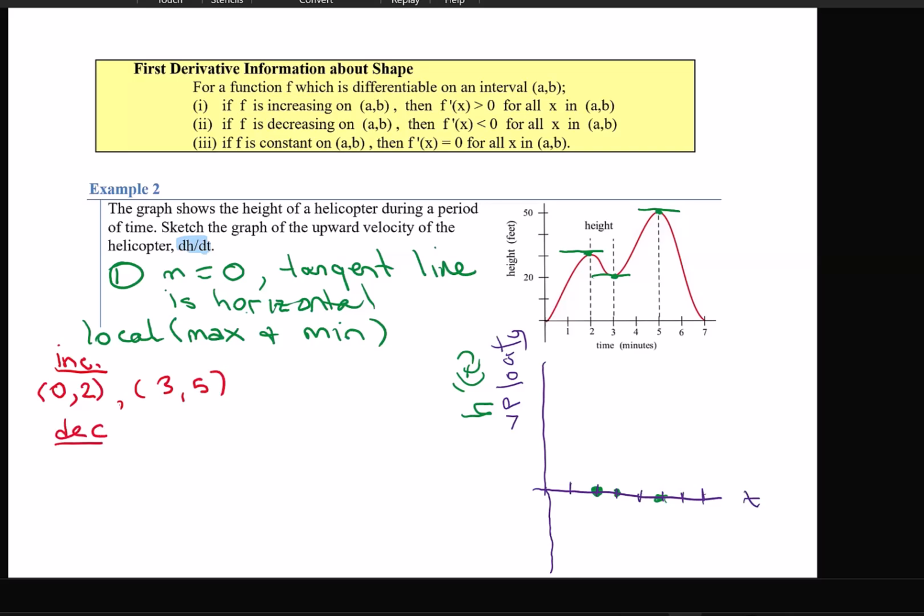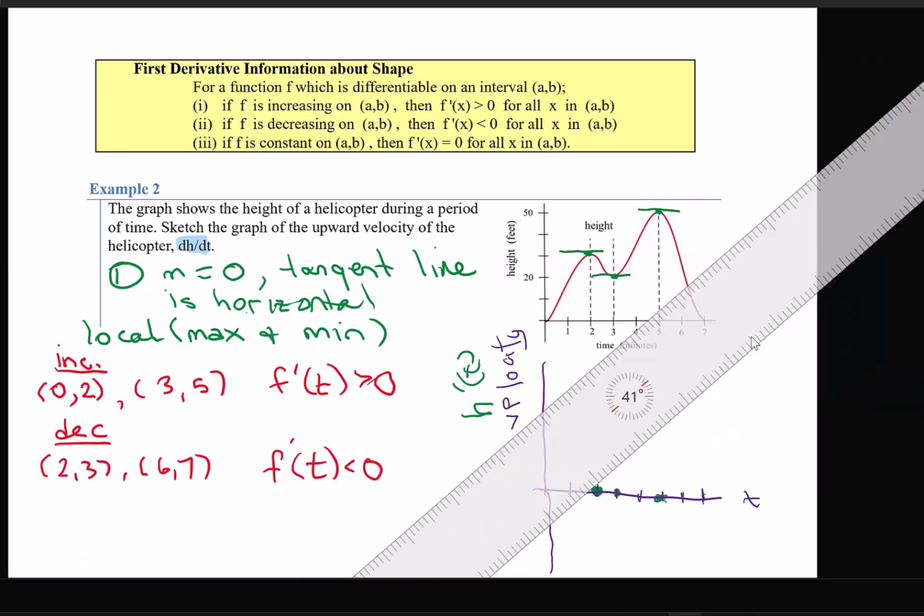My decreasing is from 2 to 3 and from 6 to 7. That means my derivative is going to be greater than 0 here, and my derivative is going to be less than 0 there. And we already know the derivative is equal to 0 at those points.